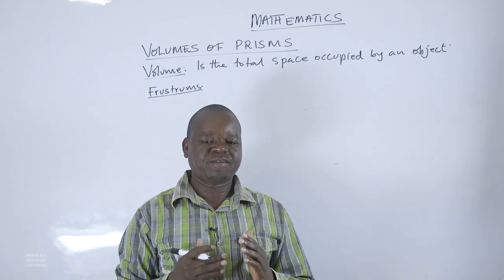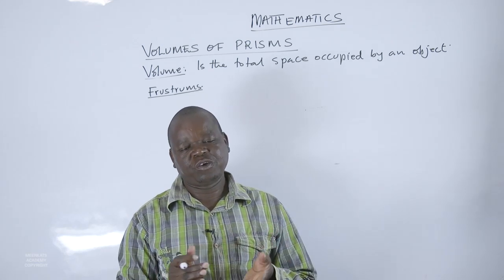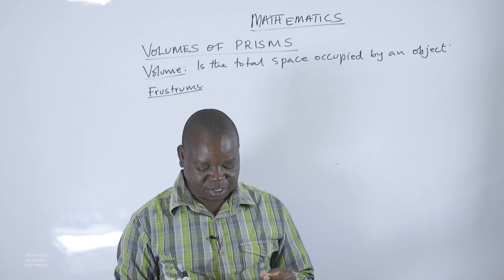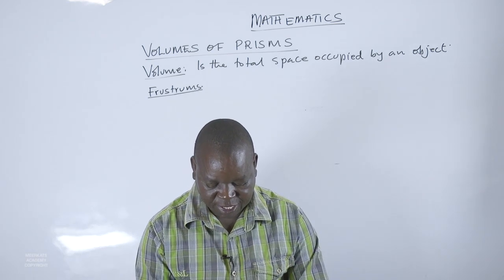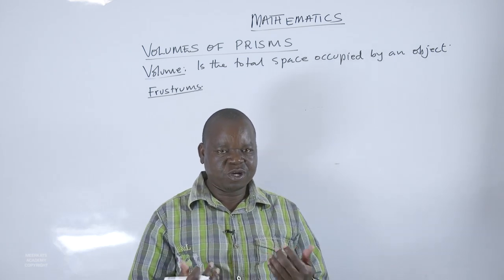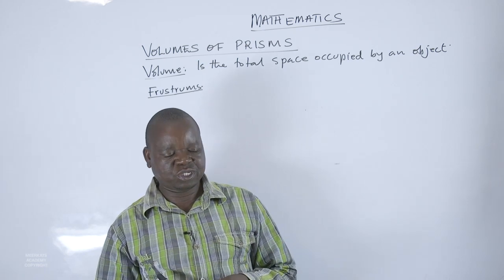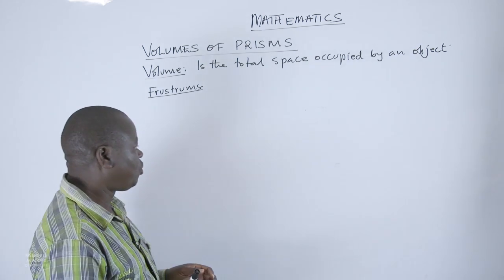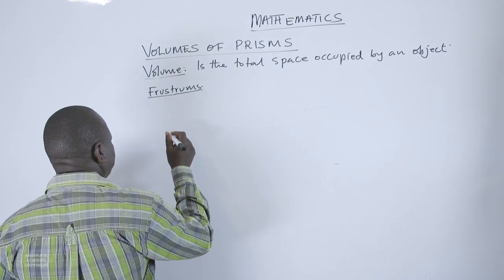For example, if we have a cone and cut it, we'll have what we call a frustum. And for that case, we can now use the application of various volumes to determine the volume of that particular frustum. I want to give an example of a circular-based frustum.